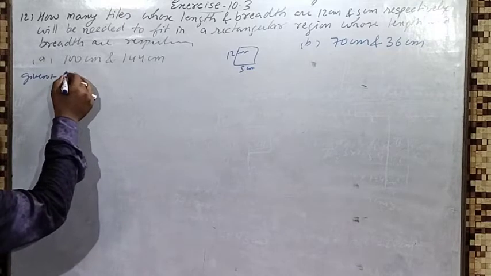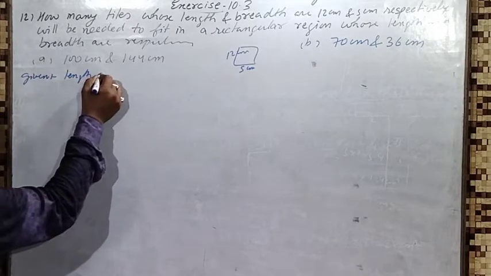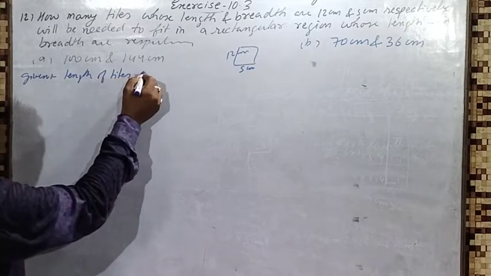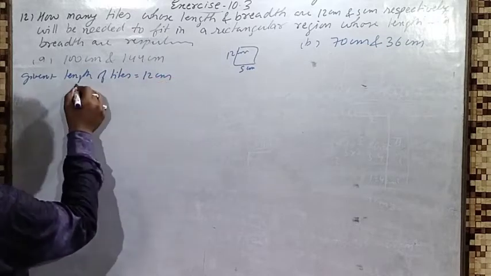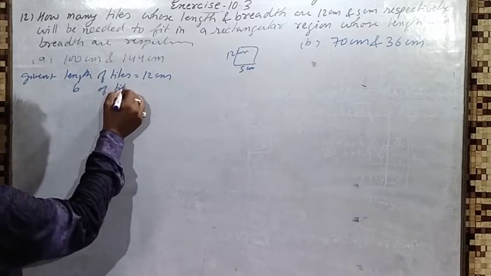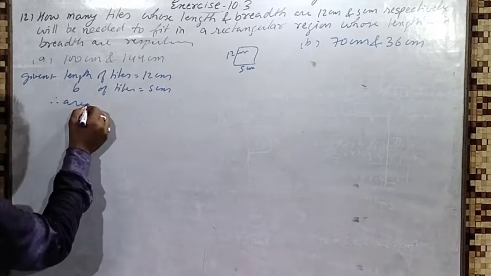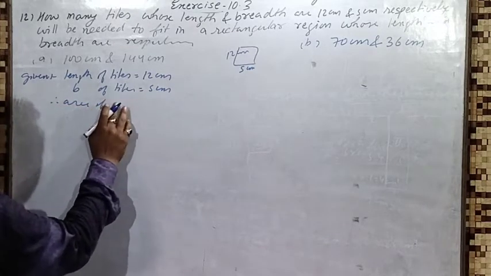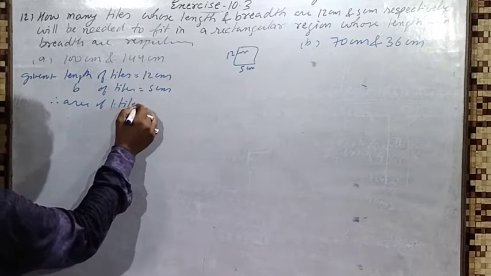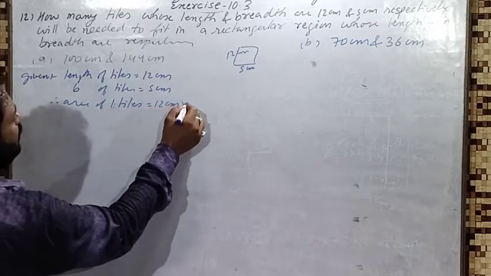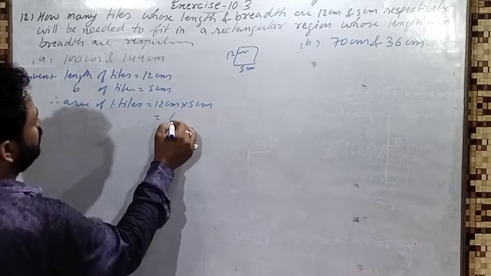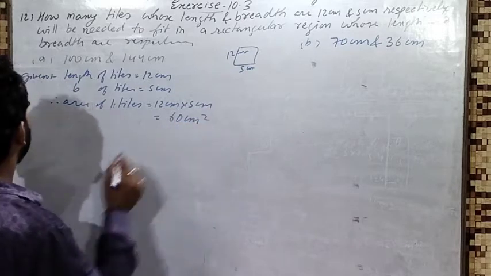You will write length of tile is equal to 12 centimeter, breadth of tile is equal to 5 centimeter. Find the area of one tile. One tile is equal to 12 centimeter into 5 centimeter, that is equal to 60 centimeter square.